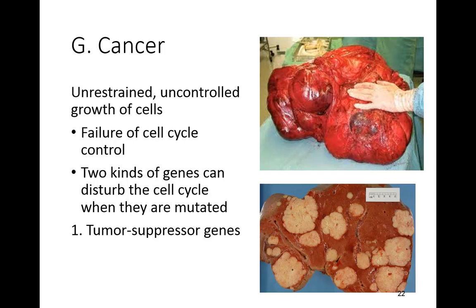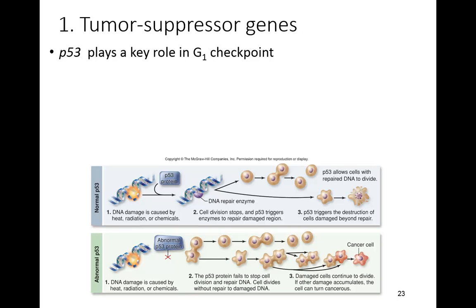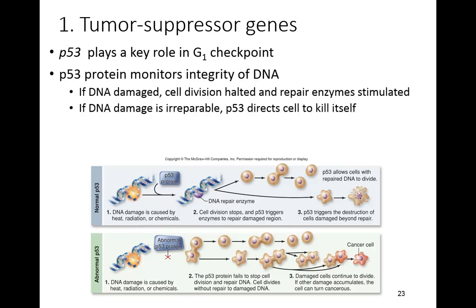Tumor suppressor genes, a lot of these have been identified, and also proto-oncogenes. So a tumor suppressor gene, P53, is one of these that is very important, plays a key role in the G1 checkpoint. And this is one that monitors integrity of DNA.